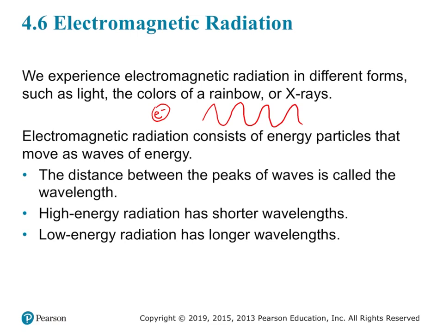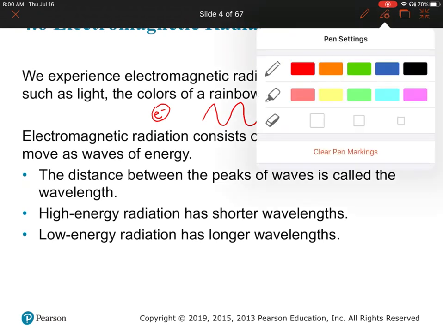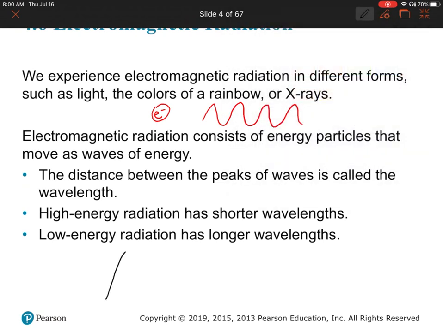So when we're talking about waves, let's see, I'll draw a better wave down below. The distance between the peaks of the waves is called the wavelength. So the distance between those two peaks, that is the wavelength.